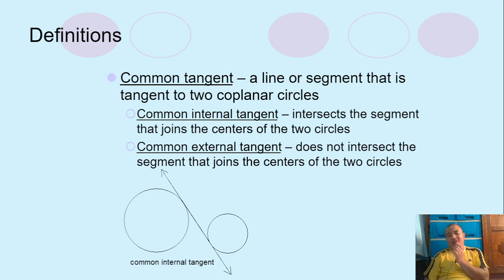So in the figure, we have here what we call common internal tangent because it intersects a segment that joins the centers of the 2 circles. And this is the common external tangent. It does not intersect the segment that joins the centers of the 2 circles.